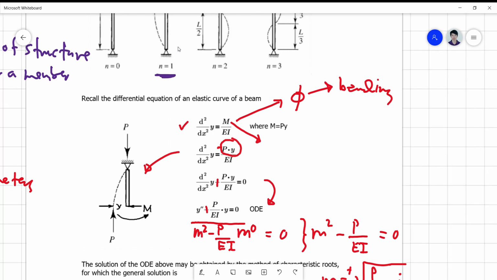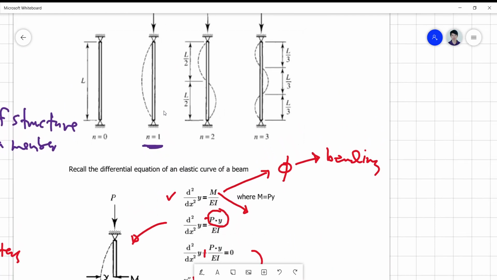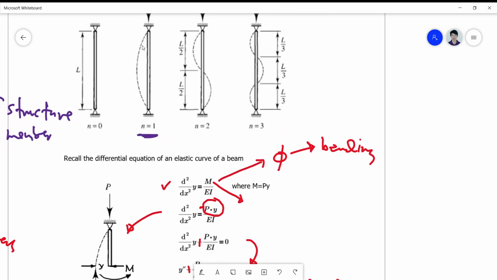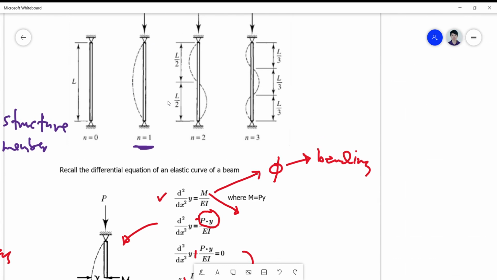This time the beam and the column are just the same in terms of the flexural behavior. Of course, the only difference is your moment is not measured in terms of transverse load, but it is measured in terms of the compressive load.